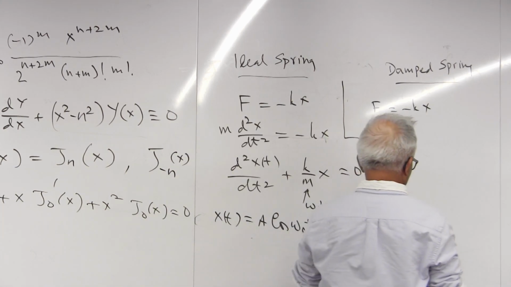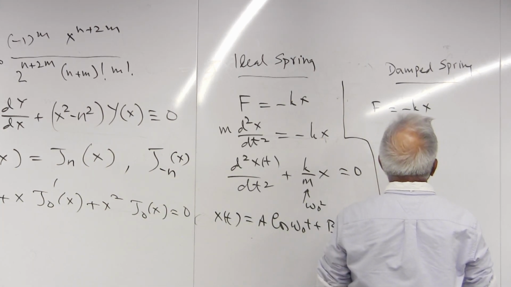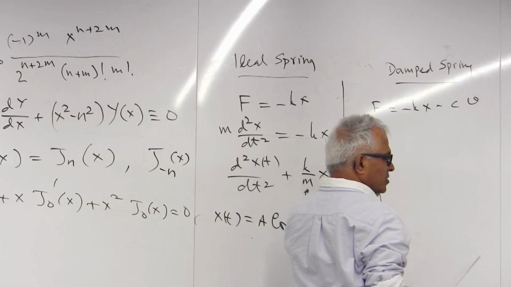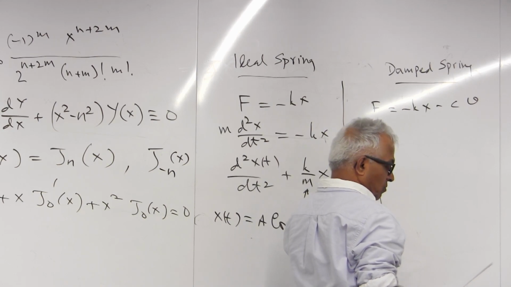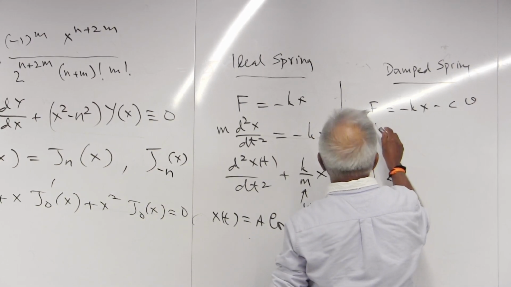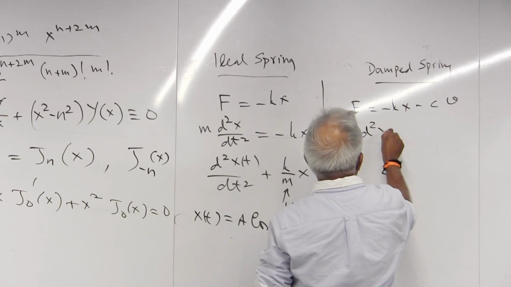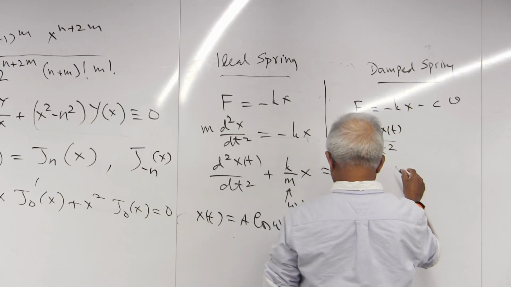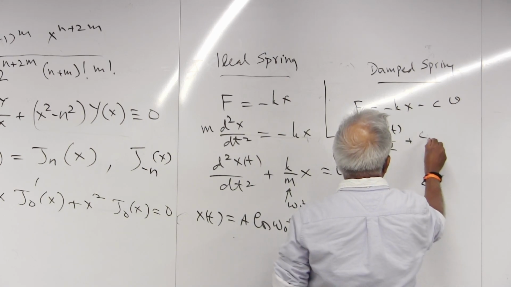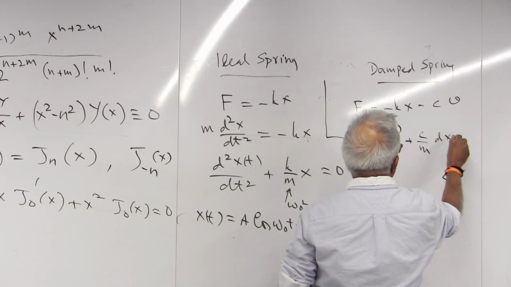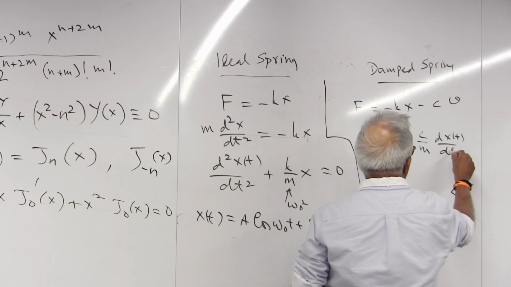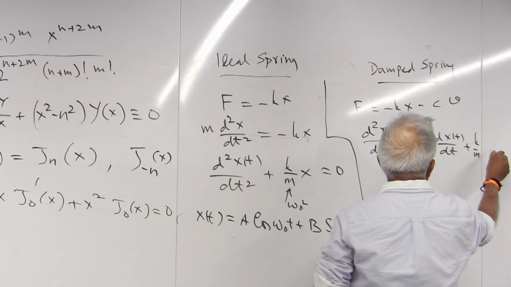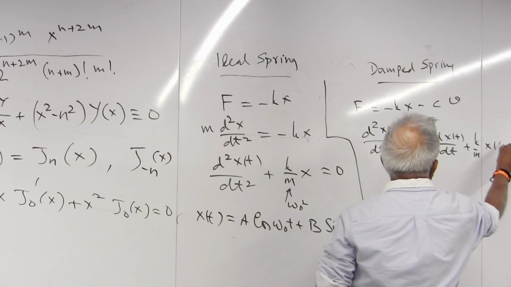Now, if you assume there is also a drag depending on the velocity, then this equation rewrites to d²x(t)/dt² plus c over m dx/dt plus k over m x(t) equal to 0.